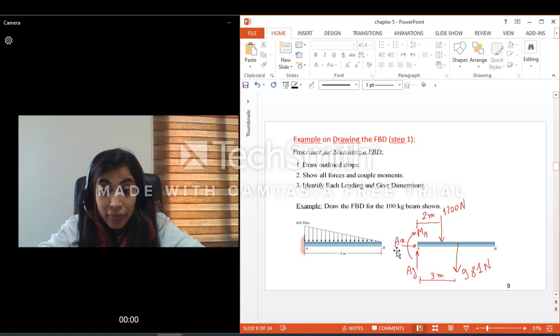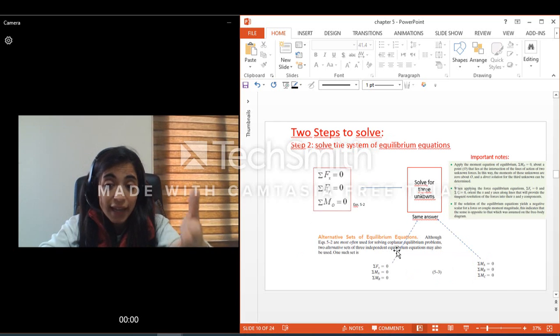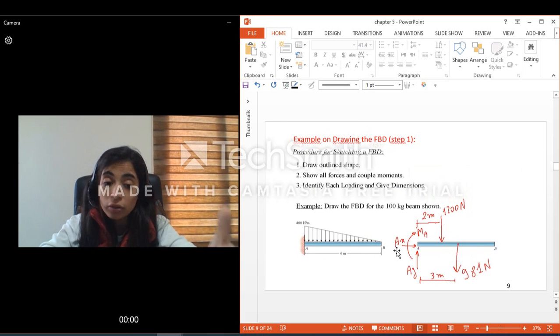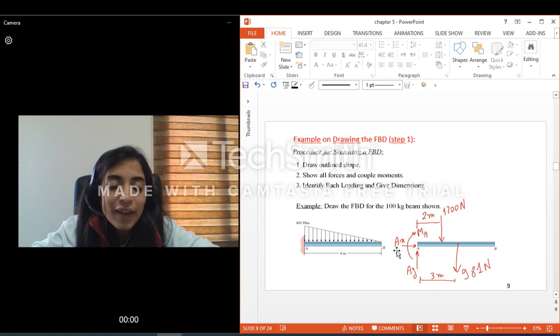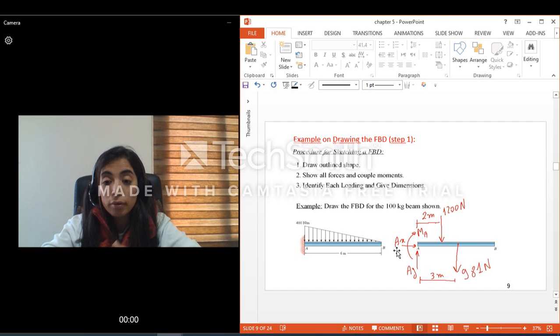So this is a method to get rid of two of three unknowns, because as you can see, I have three equations and three unknowns. What are my unknowns? AX, AY, MA. This method will facilitate my problem by getting rid of the reactions that are intersecting at the point where I'm finding the sum of moments.